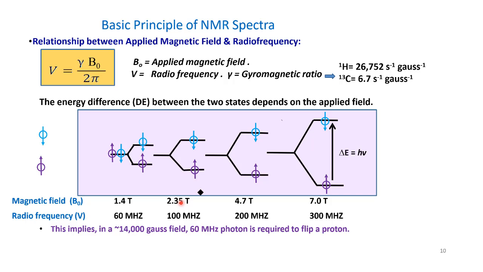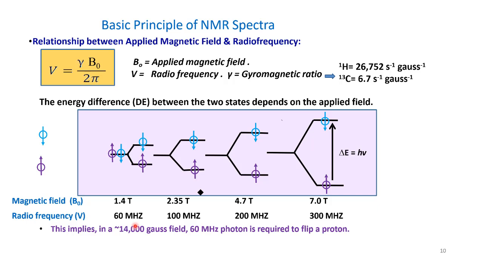So with increasing magnetic field, the radio frequency has to increase to get the desired change in the spin. This implies that a 14,000 Gauss field is required for 60 megahertz of proton. That much megahertz frequency is required to flip protons, to change the spin.